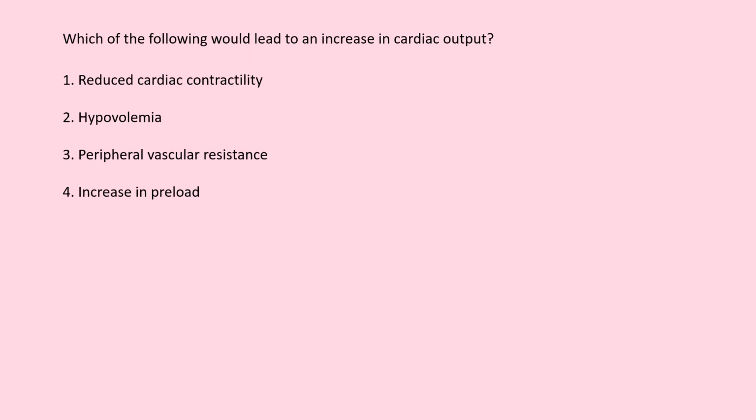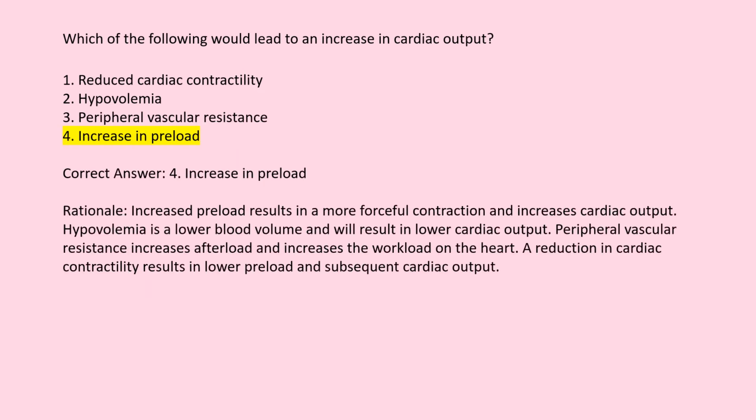Which of the following would lead to an increase in cardiac output? 1. Reduced cardiac contractility. 2. Hypovolemia. 3. Peripheral vascular resistance. 4. Increase in preload. Correct answer. 4. Increase in preload. Rationale.